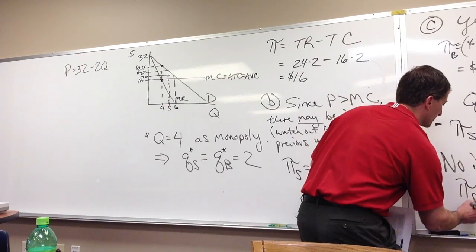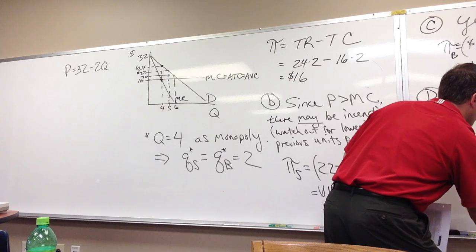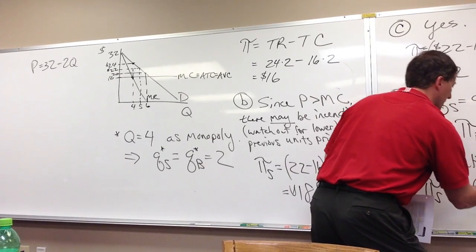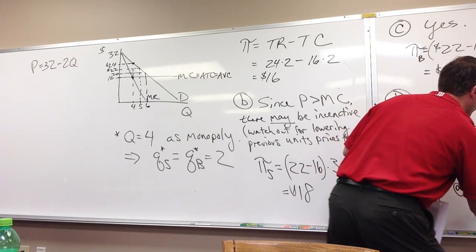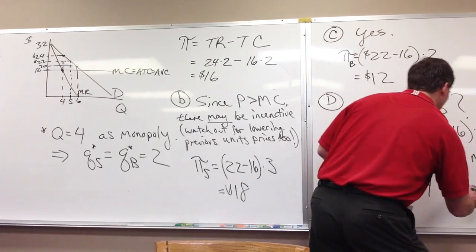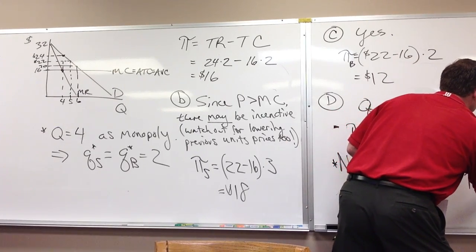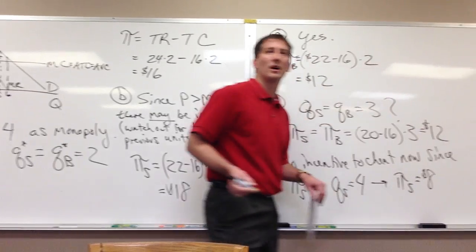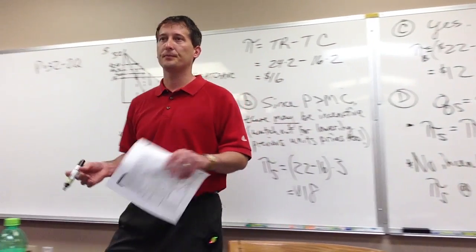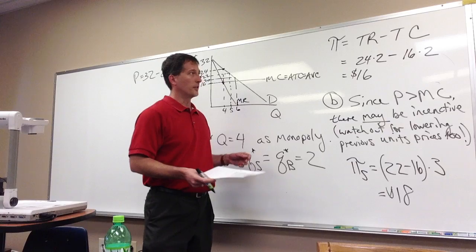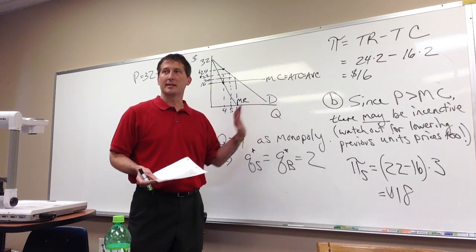Profit for Squeaky Clean at a quantity of 4 leads to a profit of 8, which is worse off than where they are right now. So that agreement would now be kind of stable.